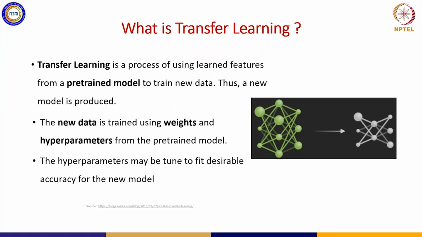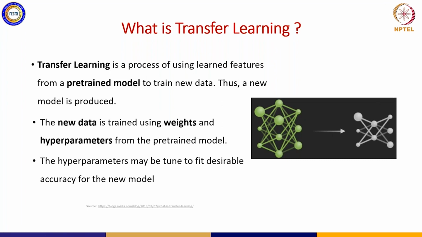In simple terms, it's a process of using learned features from an already trained model. And how do you do that? You do that by using the weights and the hyperparameters of the pre-trained model to achieve that purpose.